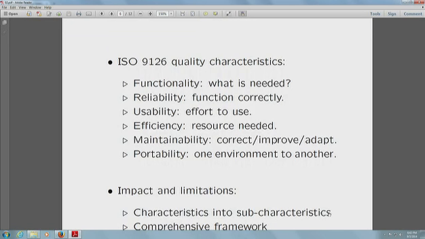Reliability is something where you said it's there, but is it really doing it correctly without causing a problem? You said that you can do addition. Are you really doing addition correctly or not? You claim that you can do addition. I can do addition, but I added 2 and 2 and got a result of 5.